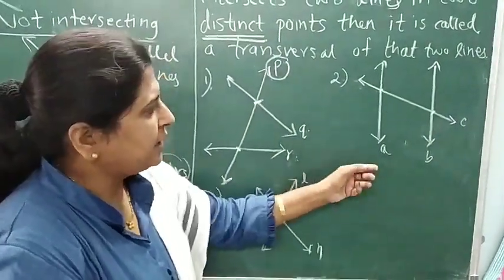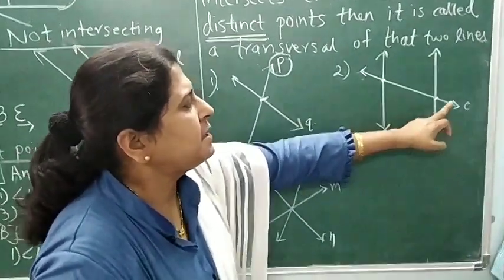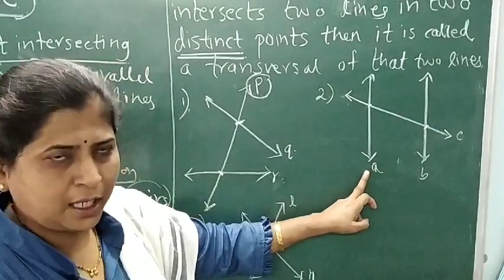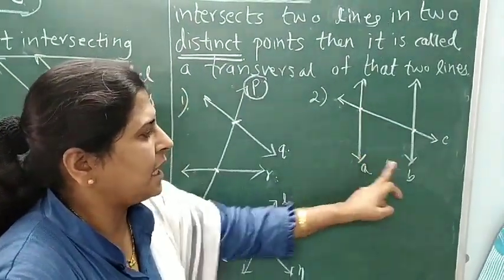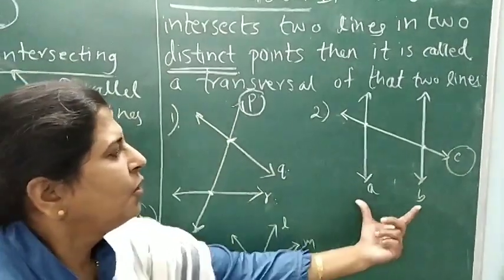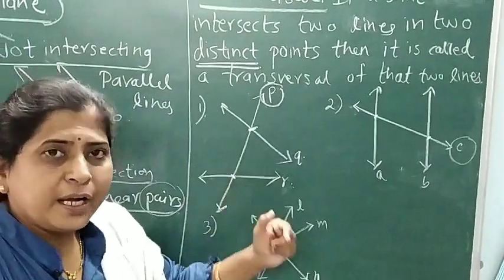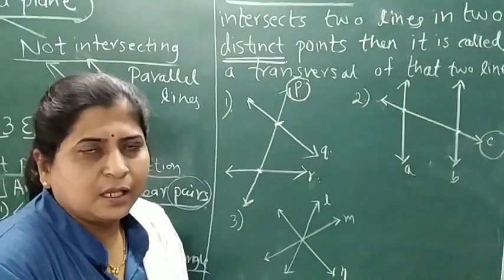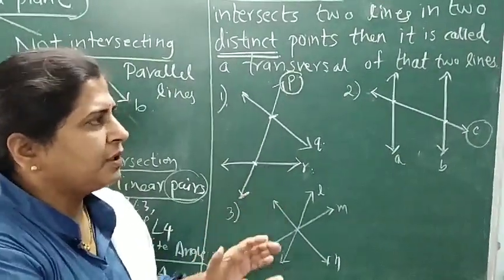Here we can say that A is intersecting C but not B, or B is intersecting line C but not A. But line C is intersecting line A as well as B. So here line C is the transversal for these two lines A and B. So you have to identify which is the transversal. Every time there will not be a standard figure. The figure can be given in any way.